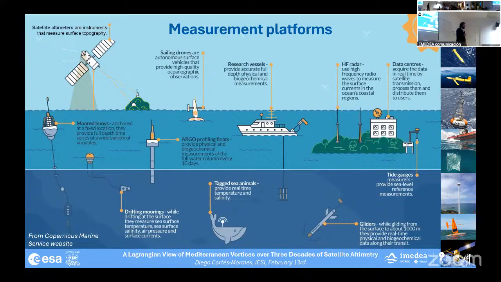We can also divide these different platforms into Eulerian and Lagrangian platforms. In particular, the Argo profiling floats and the drifters, the drifting moorings, are Lagrangian platforms that drift across the ocean following the currents.